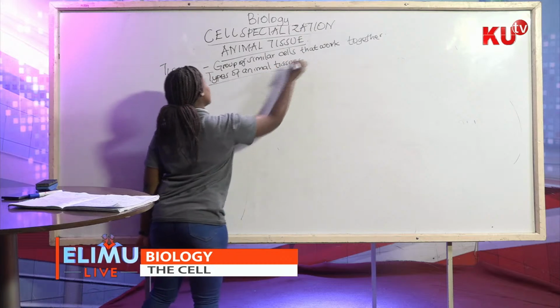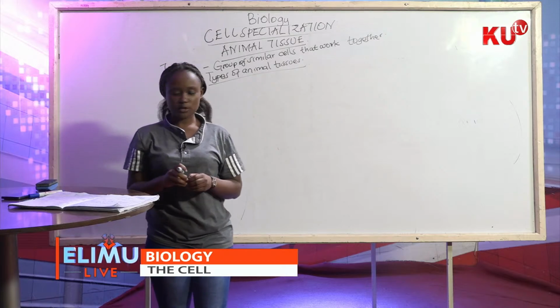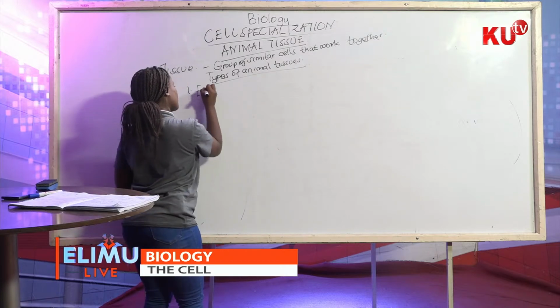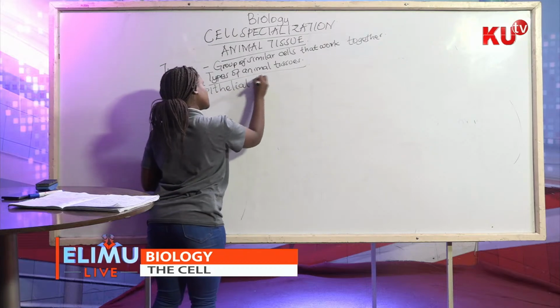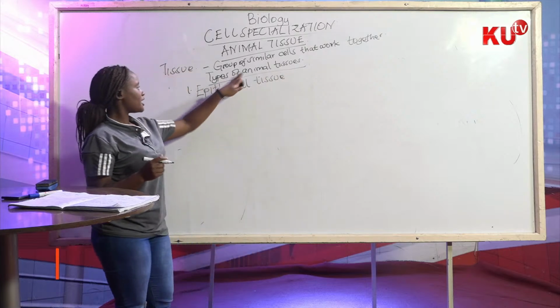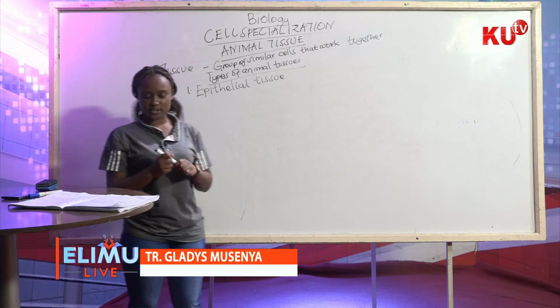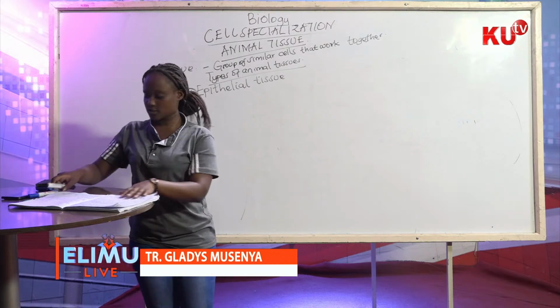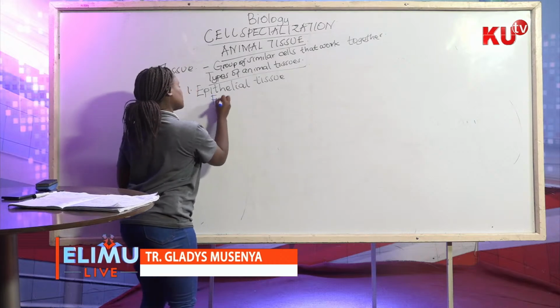The types of animal tissue. We have type number one, the epithelial tissue. It is used for covering.